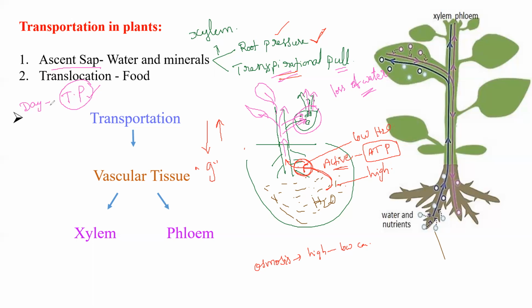Then at night, root pressure is the major driving force, because during night there is no high temperature and heat. So root pressure will be more during night. This is about the ascent of sap.